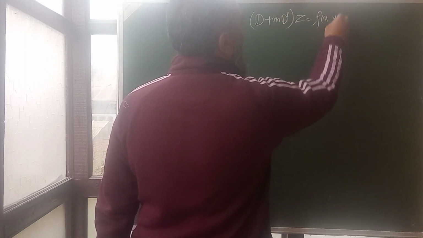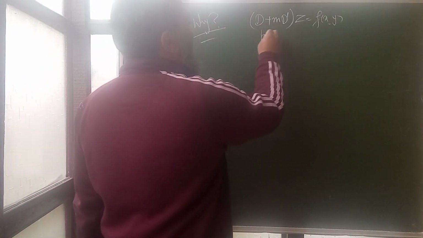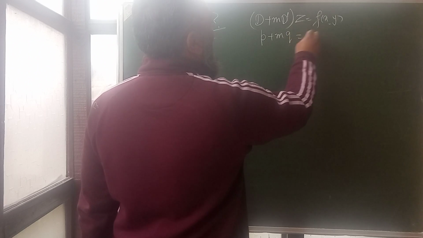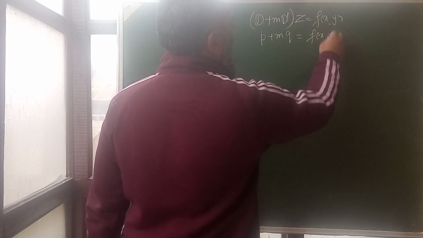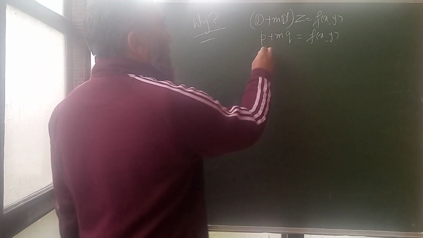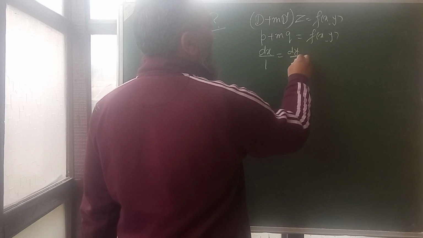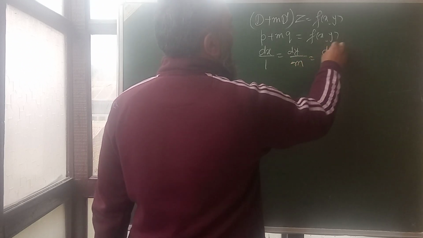This is a simple question, which you have done right away. This is nothing but p plus mq equal to f(x, y). Now this is nothing but Lagrange's auxiliary equations: dx by 1, dy by m, and dz by f(x, y).